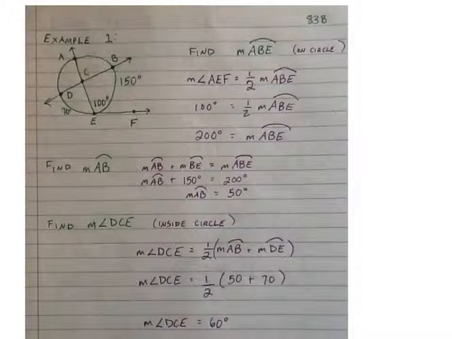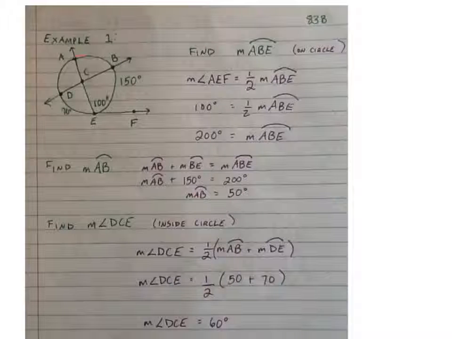And what we find is a condition where we have an angle with the vertex on the circle. So arc ABE should be twice of that angle. So twice of 100 degrees is 200 degrees.